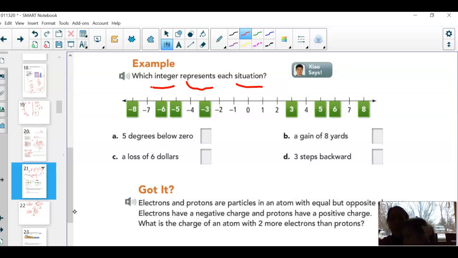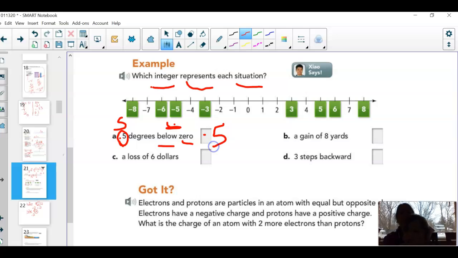So it says A, 5. So yo voy a poner un círculo. I'm going to put a circle below 0. So if it's below 0, it's going to be negative. Okay, it's negativo, because baja 0. Okay, now I'm going to put 5. Now I put them together.